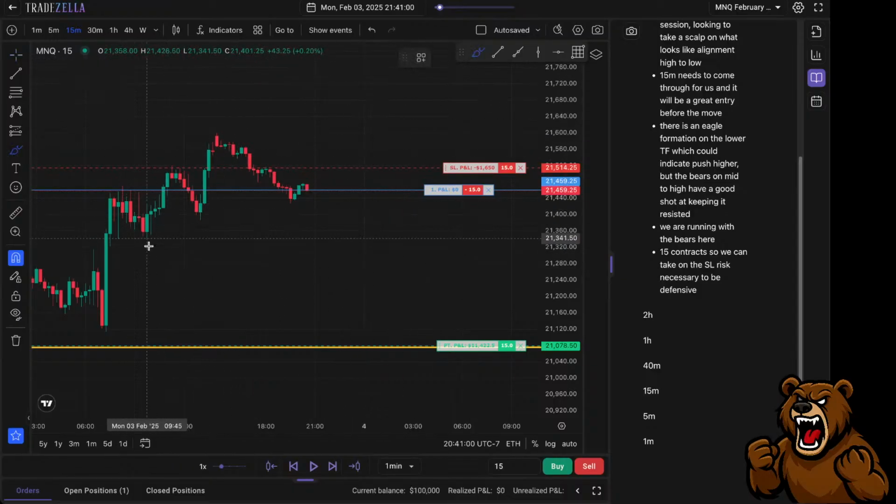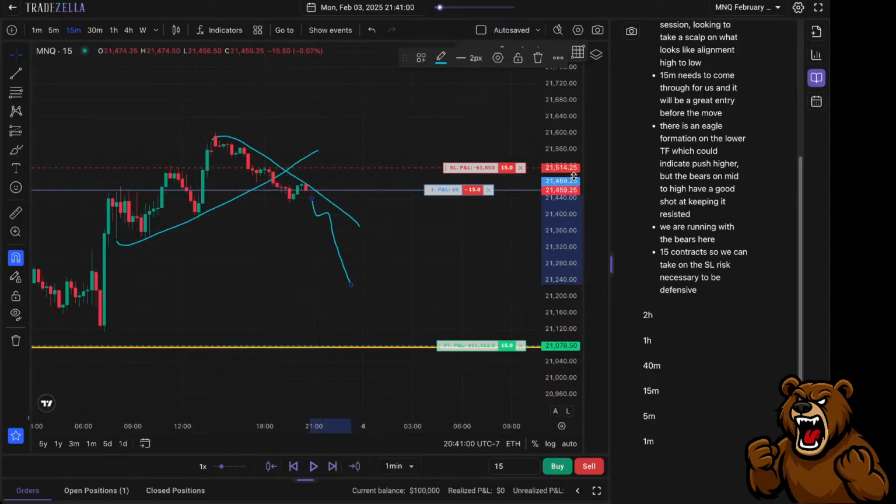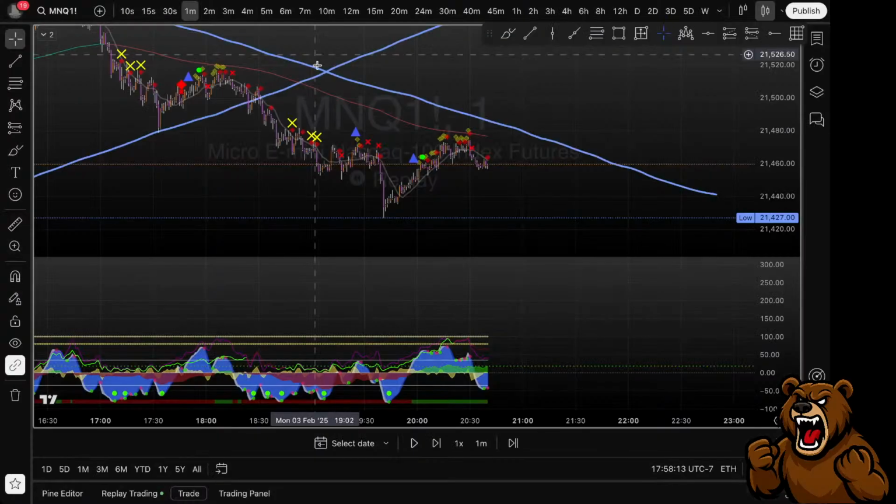She went below here. She cracked down. She just needs to stay below there. I want to see her do this. So our stop's at 514.25.